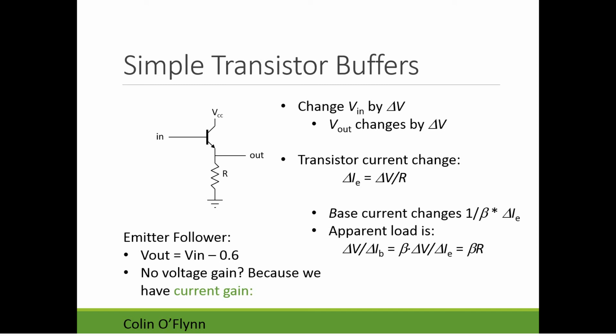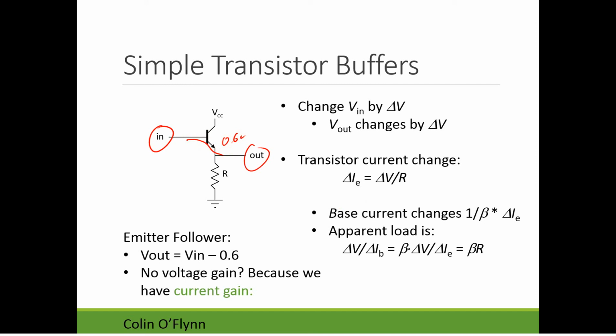So in this configuration, the output voltage here will be approximately the input voltage minus the 0.6 volt drop due to the silicon junction. And there's no real voltage gain, and that's because we have current gain.